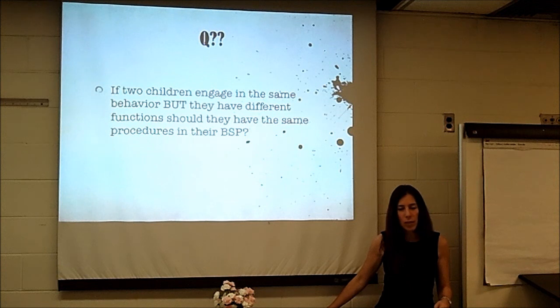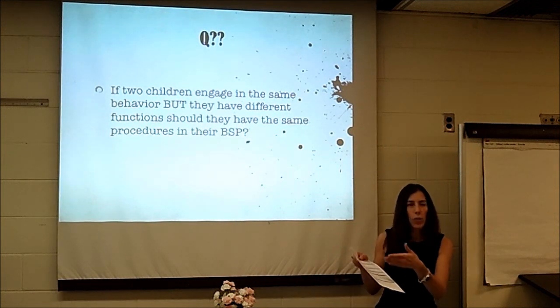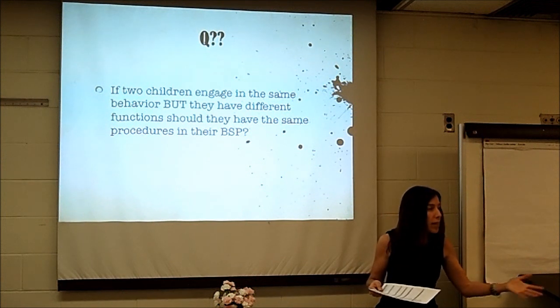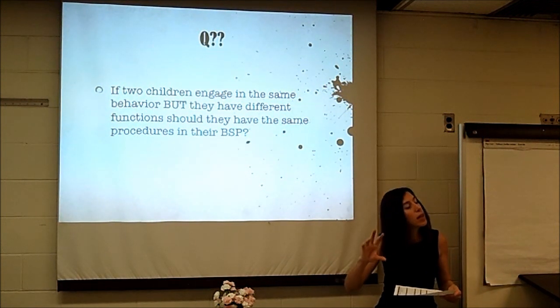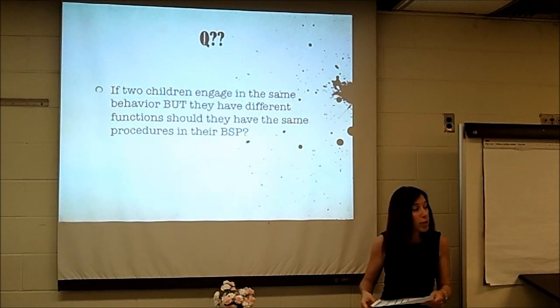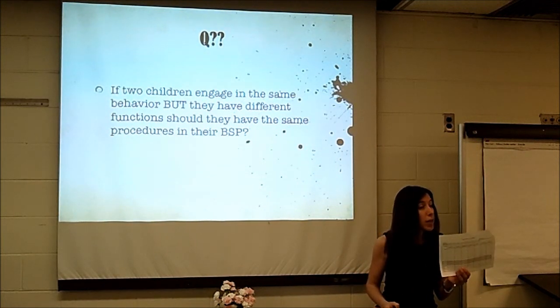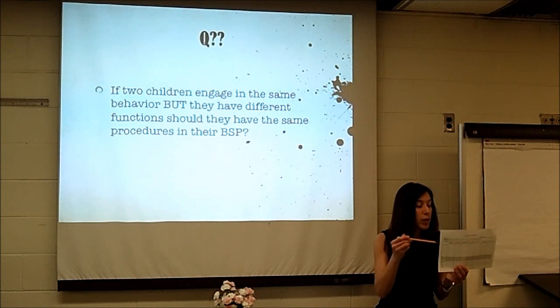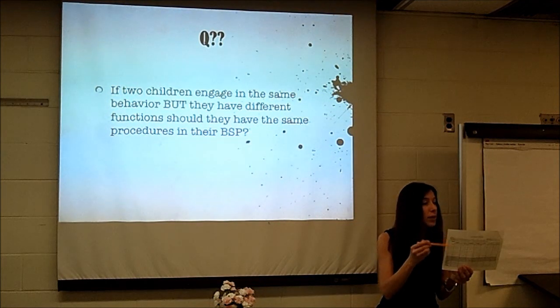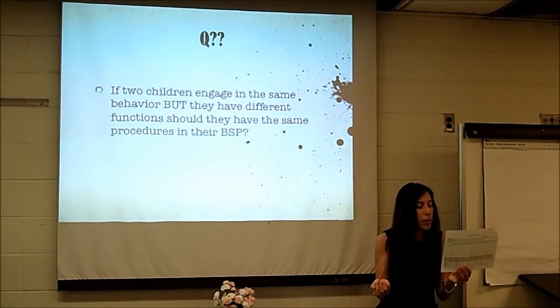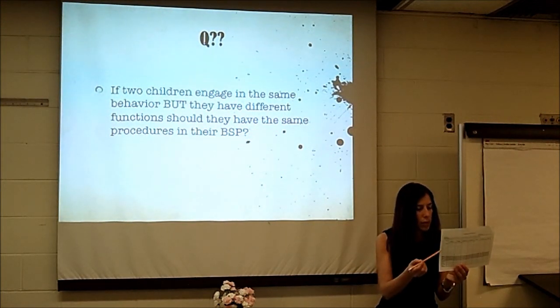Once we know the function, we don't need to continuously find out what happened before and what happened after, because we've identified it's maintained by escape or by attention, and we put in the proper procedures to address that. But it's very important to still track the target behaviors. We need to know if our target behaviors are going down, and that tells us if our procedures are effective. So we would take the same target behaviors and write them in the columns here on the left.